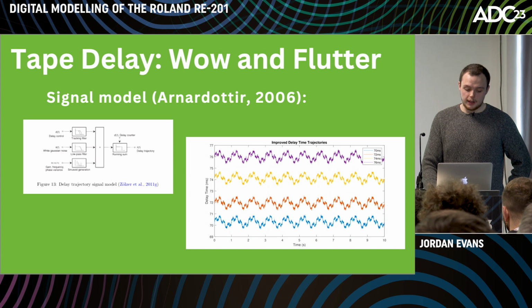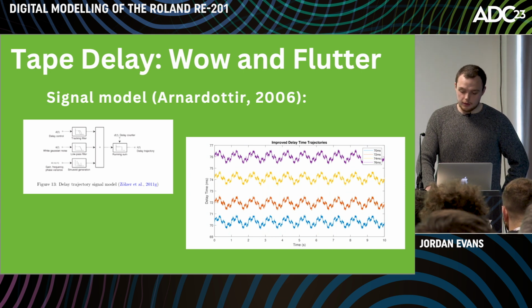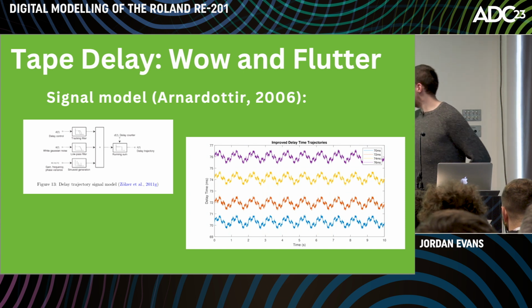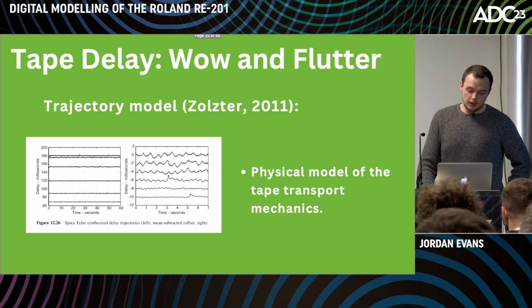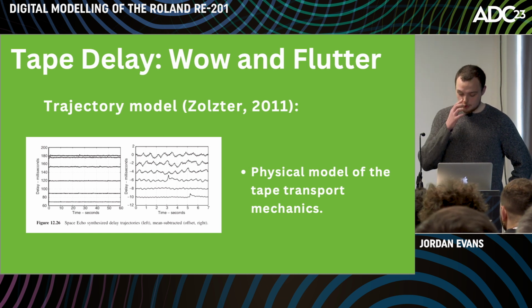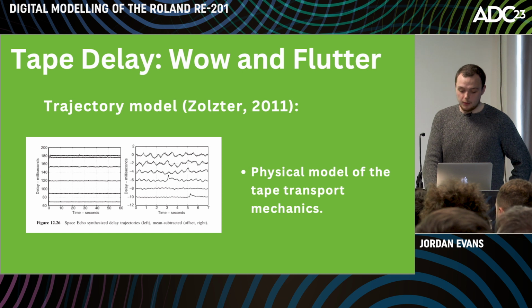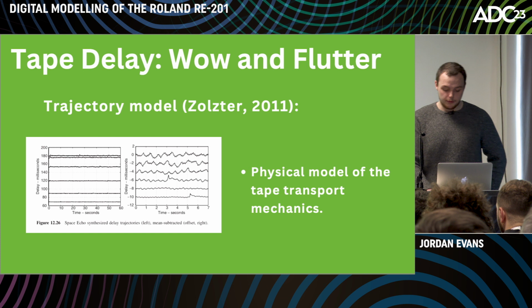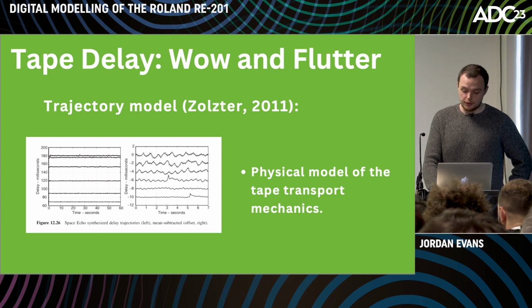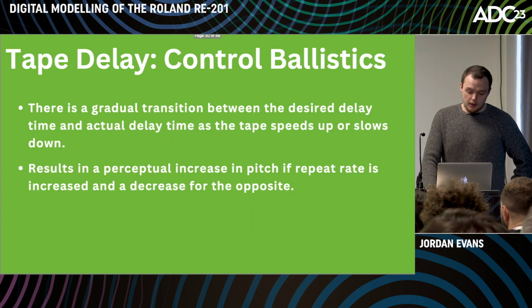And we sum that together with the control signal from the repeat rate. And then this creates these kind of trajectories, which are just variable. Another method is the trajectory model, and this is a physical model of tape transport mechanics. I haven't implemented this, but I have included a reference if you'd like to look into that further. It essentially directly models the components of the tape transport.